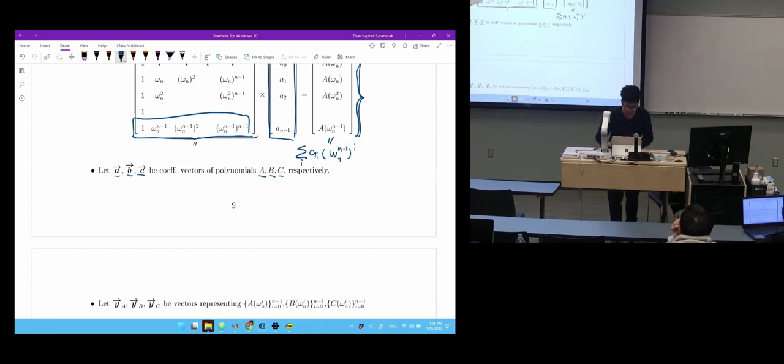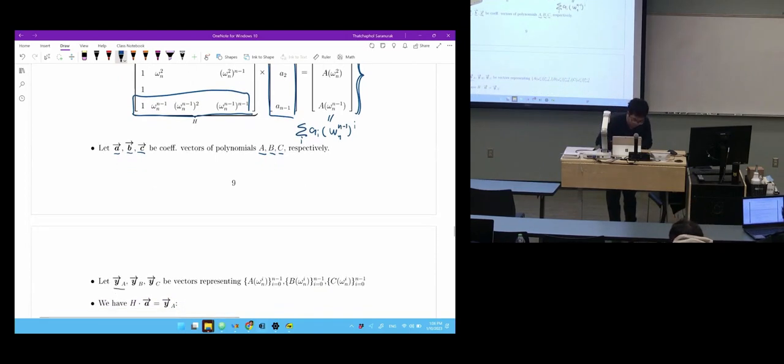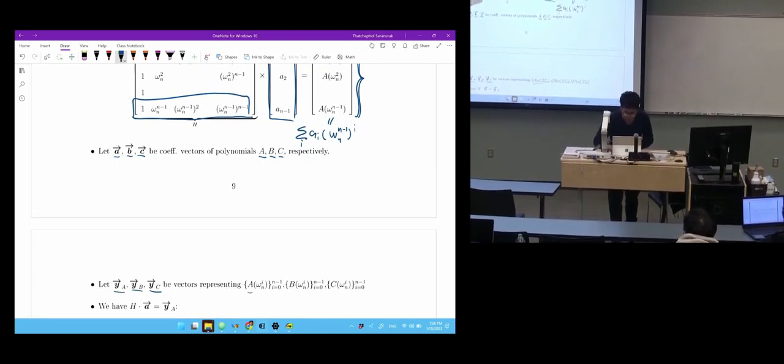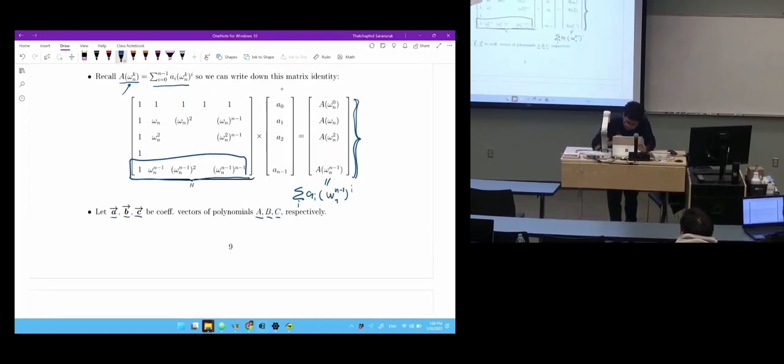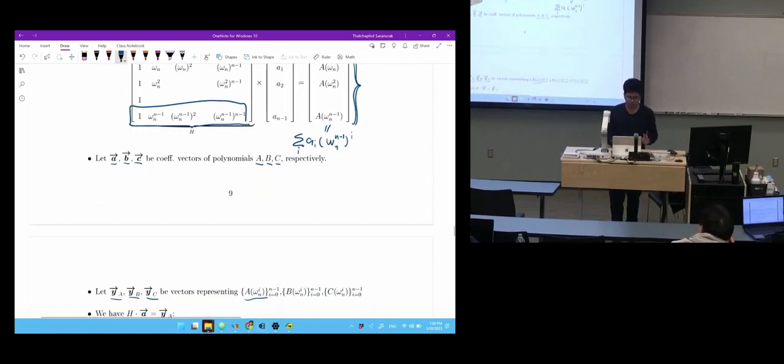And the vectors YA, YB, YC are the evaluations of A at all roots of unity. Basically, this thing is A, this thing is YA. This is just definition.